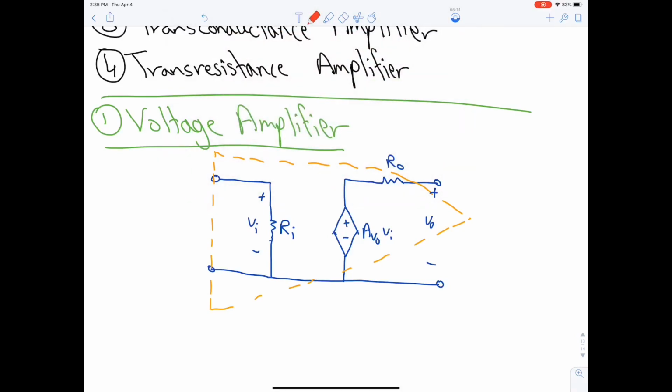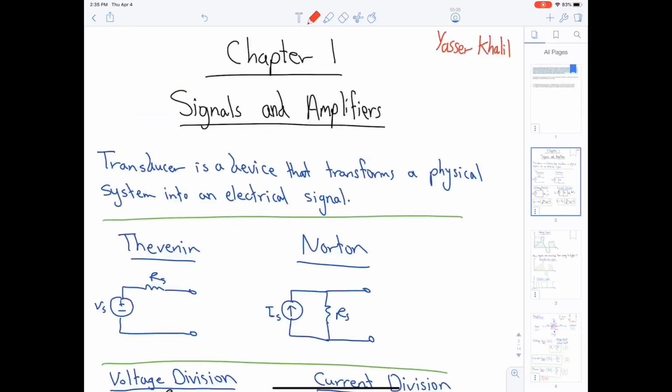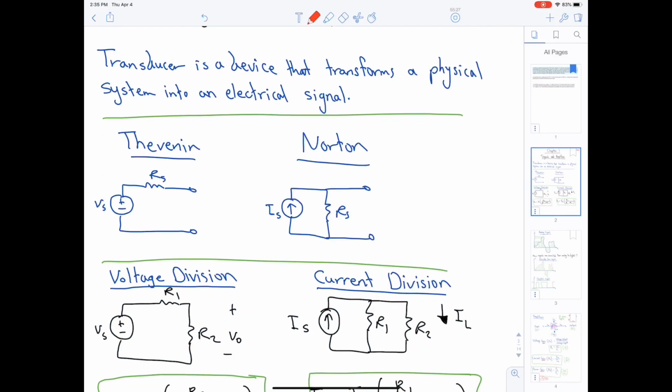At the output, it's simple, it's always RL. Whereas at the input, you have 2 options. It's either Norton or Thevenin: a voltage source in series with a resistance or a current source in parallel with a resistance.